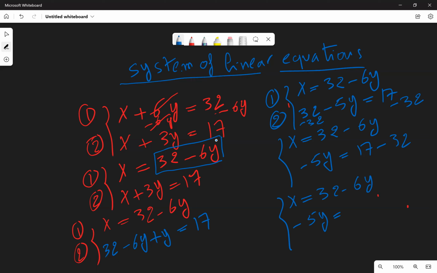Don't forget that we have a negative sign here. 32 is greater than 17, so the sign is negative. I have to keep that negative, and I get negative 15. So I'm just gonna go ahead and erase this.